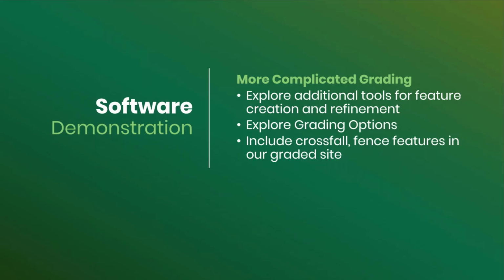And with that very brief introduction, I'm going to pass it back over to Matt, and we're going to go into a little bit more of a complicated grading. So here we're going to have a pad. It's going to have multiple parts, grades and crossfall. We're also going to look at fence features and explore some of those additional tools. So Matt, it is coming back your way.